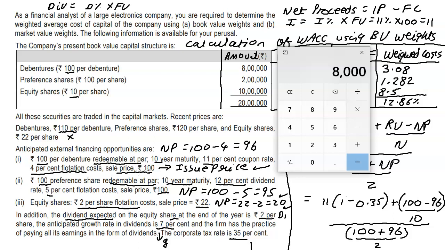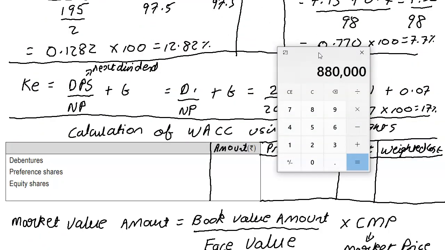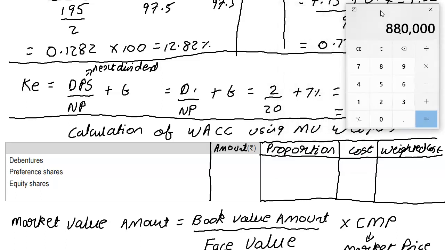So the market price of debentures given to us in the question is how much? 110. This time around we use this number. Okay, so we multiply it into 110 and we get ourselves 8,80,000. So corresponding to debentures over here, I'm going to write down 8,80,000.